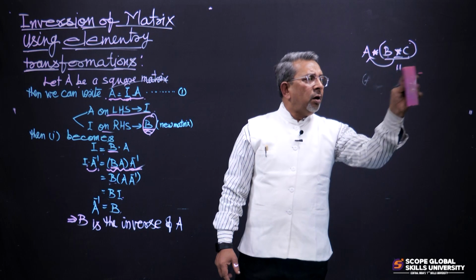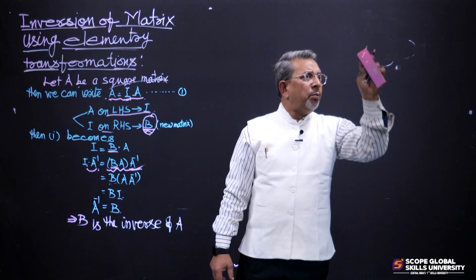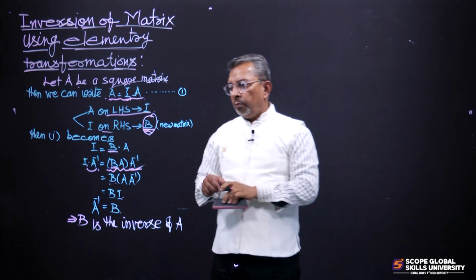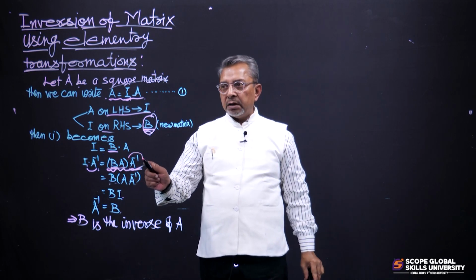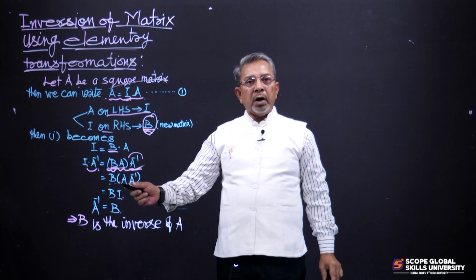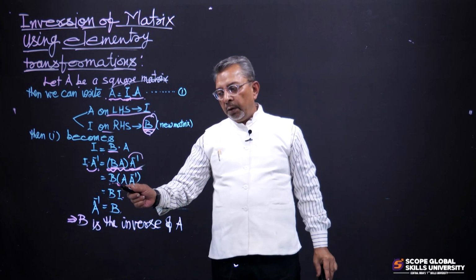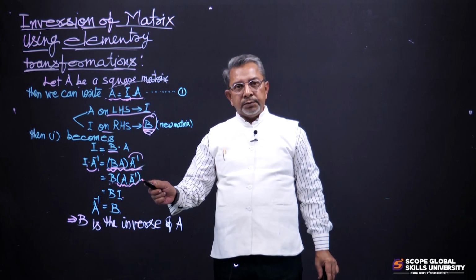So here we have B multiplied by A, and then multiplied by A inverse, can be written in the form of B multiplied by A into A inverse.